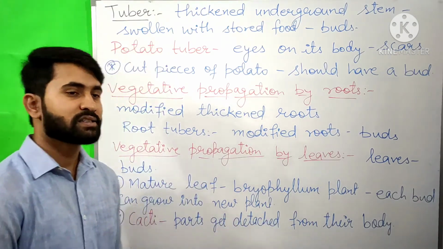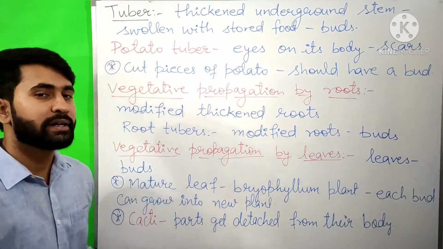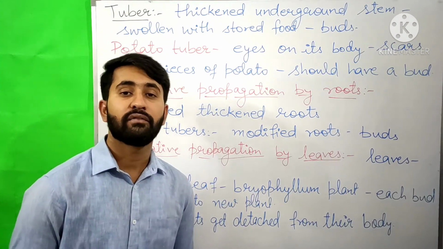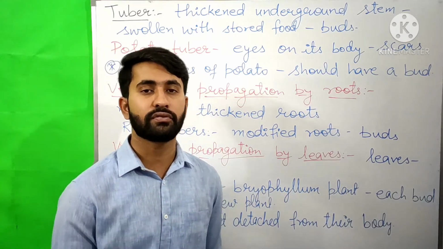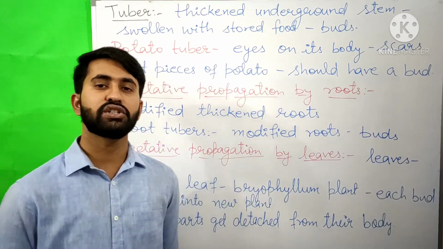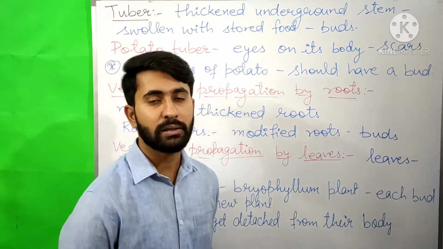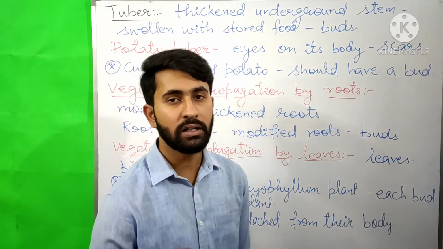The plants such as cacti, which is the plural of cactus, produce new plants when their body parts get detached or removed from their body and they fall on the ground. Each detached part or each removed part of a cactus plant can grow into a new plant.